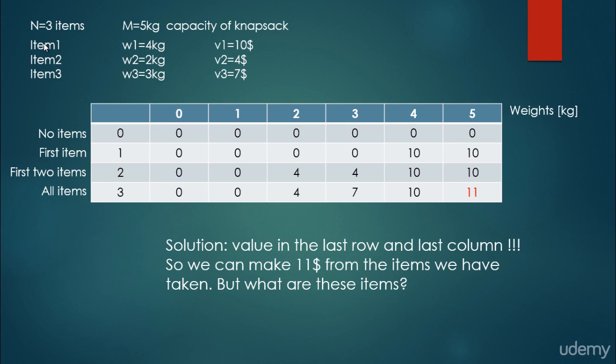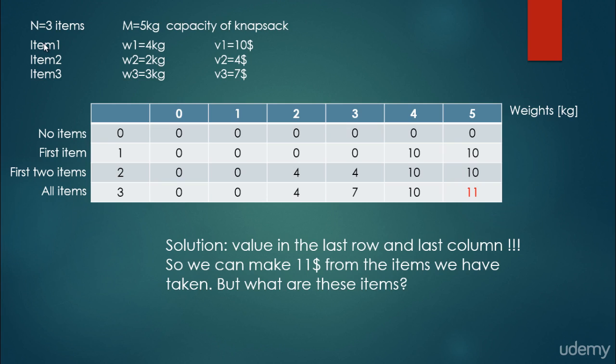And it's very important that we start at the last row and last column with the 11 value we have specified, and I colored it red. And we have to compare it with the value above it. And we come to the conclusion that it's 10. 10 is not equal to 11, which means that we have to take item 3.